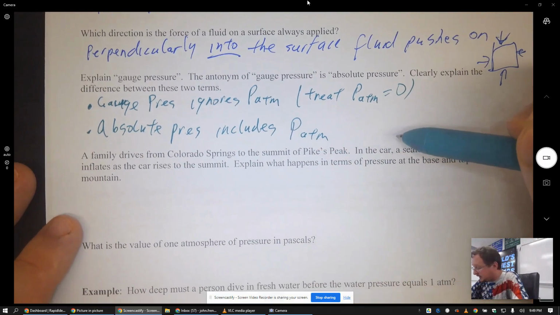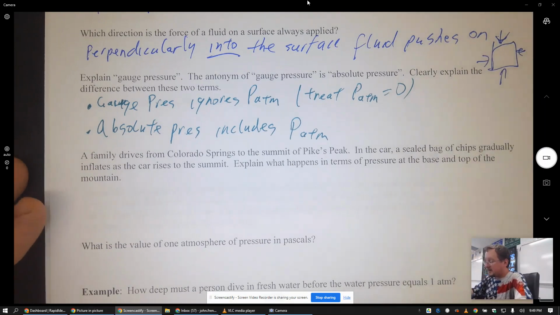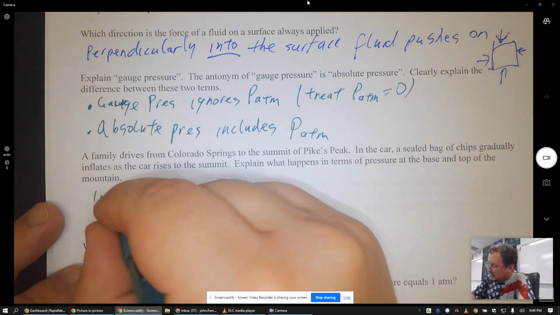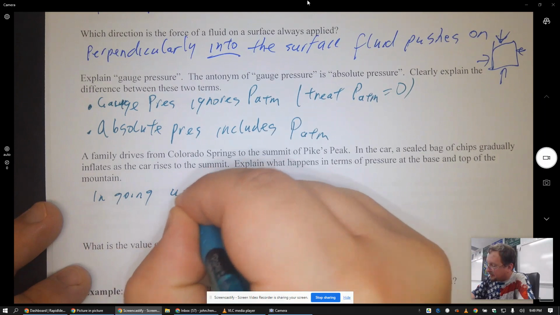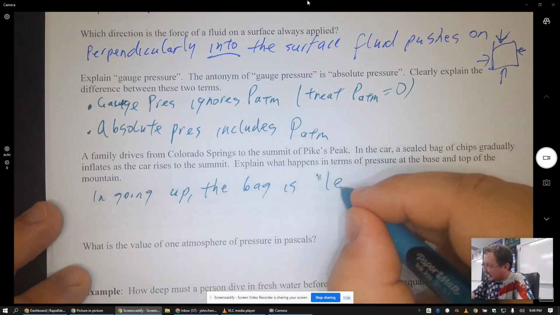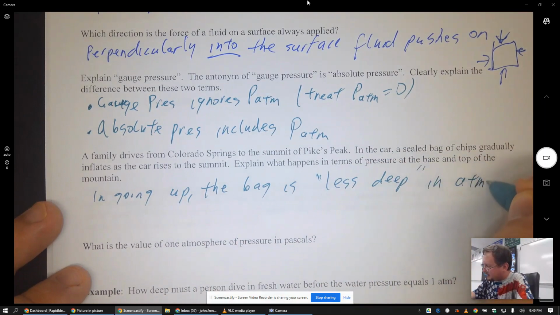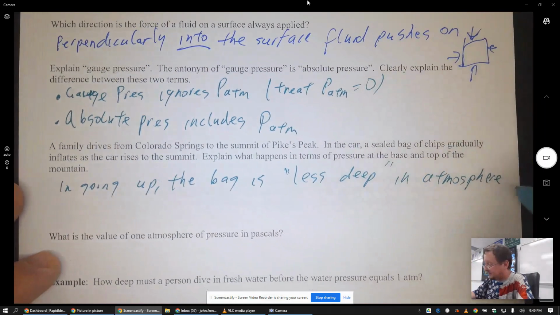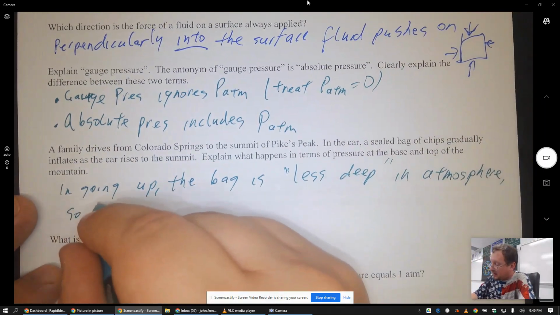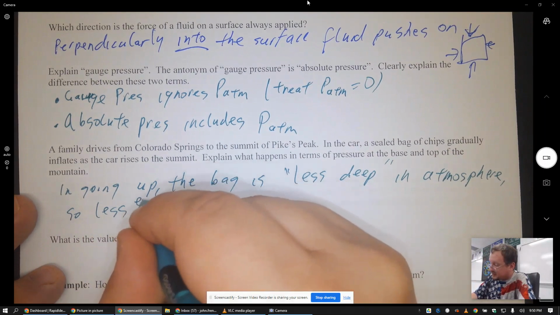Okay, family drives from Colorado Springs to Pikes Peak. Have you ever had this experience? The sealed bag of chips inflates as you go up to higher altitude. What's happening? Well, in going up, the bag is less deep in the atmosphere, right? It's closer to space where the pressure is zero, so there's less external pressure.